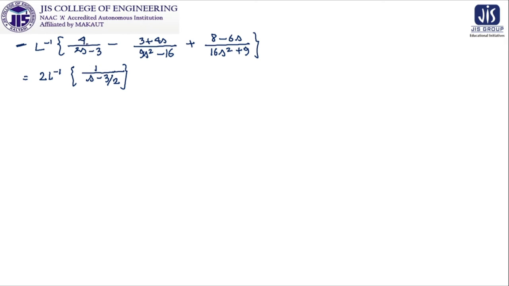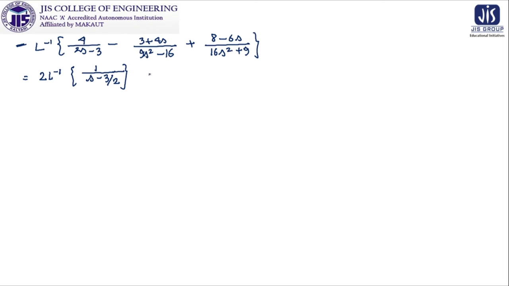If I divide the numerator and the denominator by 4, then it will be 1 by 2s minus 3 by 4. That 2s minus 3 by 4 will become s by 2 minus 3 by 4. So from here I take the 2 out to make it s, and after adjustment I get 1 by s minus 3 by 2, because it will help us to write the result directly in the next line.